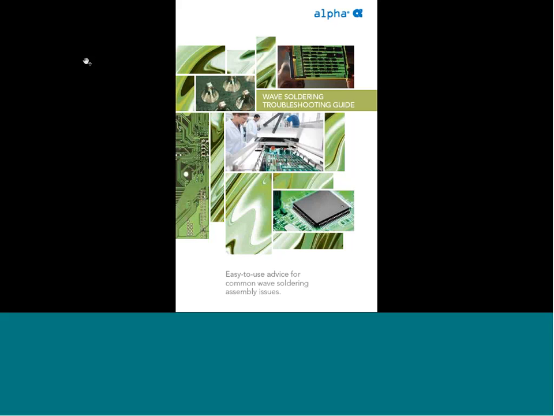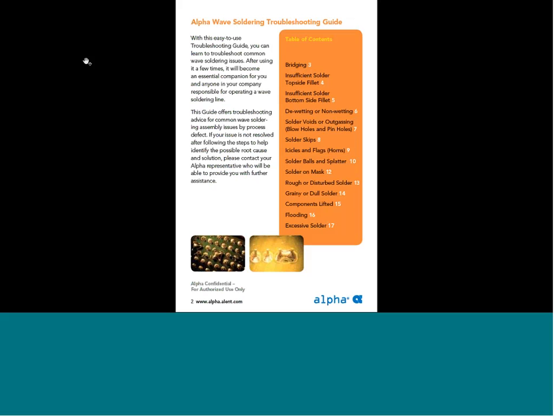We're going to cover the wave soldering troubleshooting guide, and it follows pretty much the same premise as we just talked about for the SMT guide. Again, the construction of the document, the guidance through the basic troubleshooting process is the same.